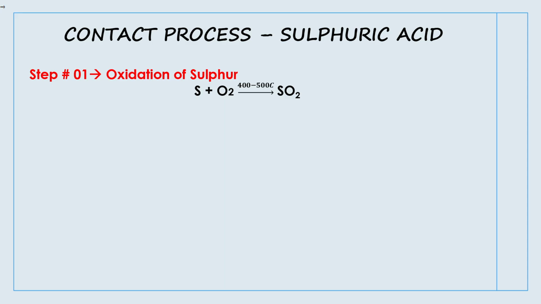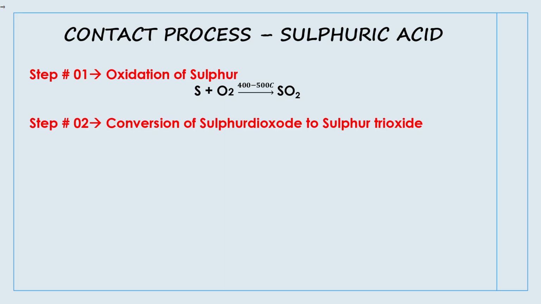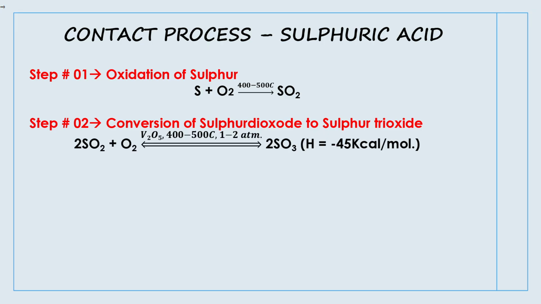The second step is the conversion of sulfur dioxide into sulfur trioxide. This reaction takes place in the presence of the catalyst, which is vanadium pentoxide. The temperature is around 400 to 500 degrees centigrade and the pressure is 1 to 2 atmospheres. It is an exothermic reaction, so the heat produced is minus 45 kilocalories per mole.